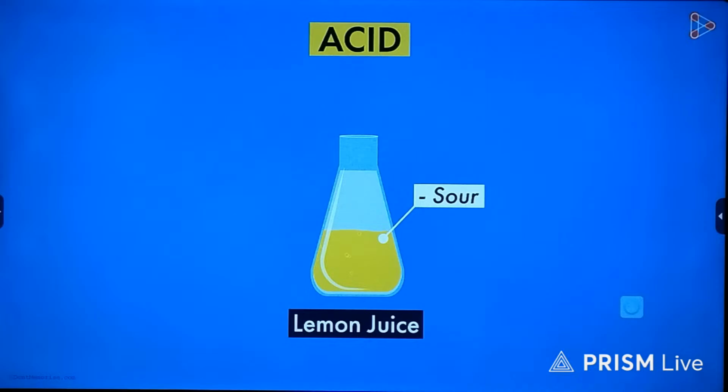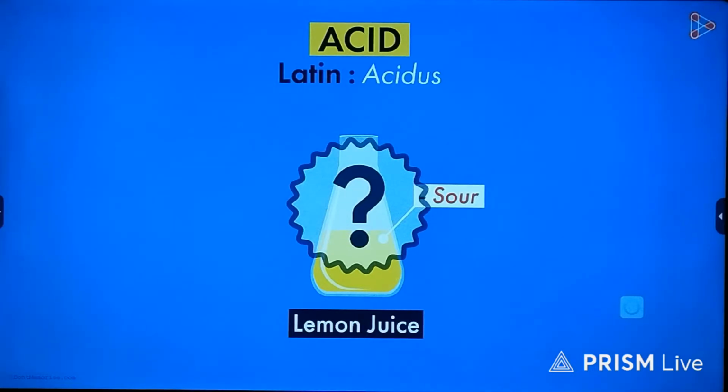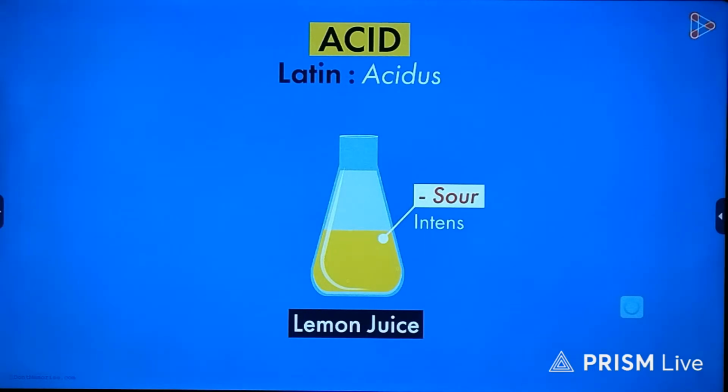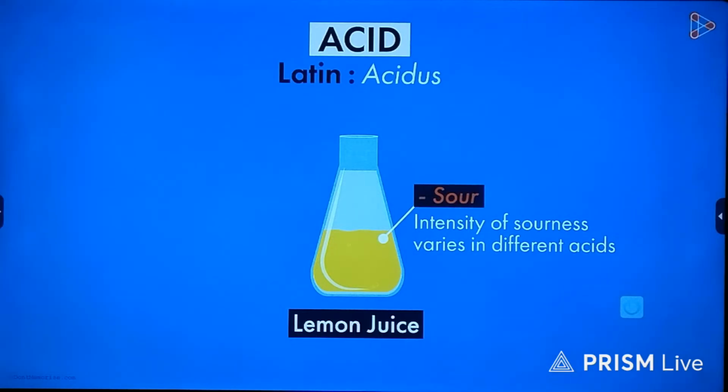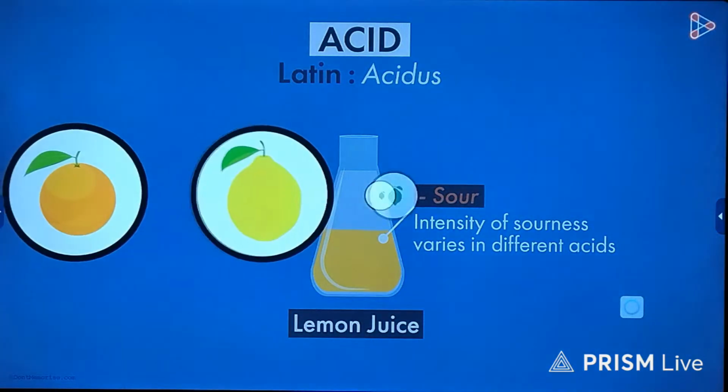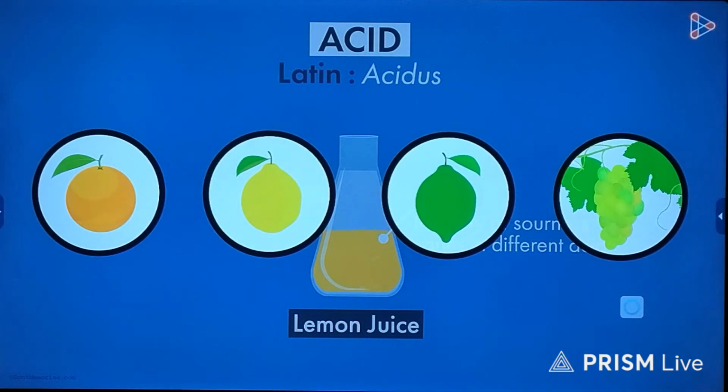The term acid comes from the Latin word acidus, which means sour. Yes, so are all acids sour to taste? Yes, they are. The intensity of sourness may vary in different acids, but the overall taste of acids is always sour. The best examples of substances that contain acids include citrus fruits like orange, lemon, lime, and grapes.